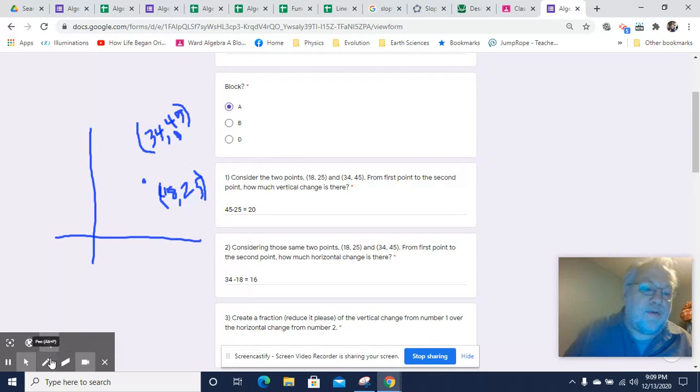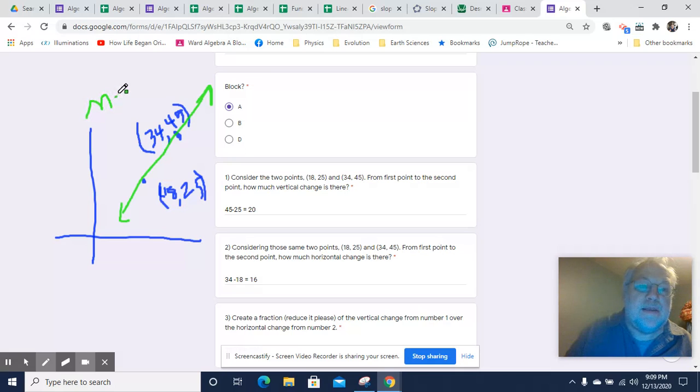If I were to make a line going through those points, make it green, we have a line going through these points like that. That line has a slope, so m is going to equal 5 over 4.